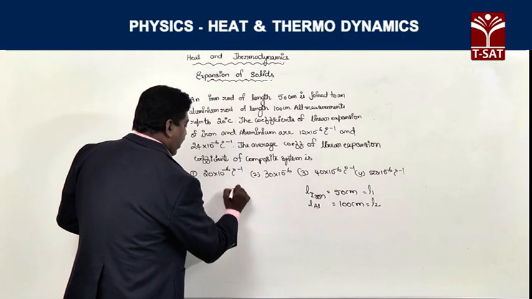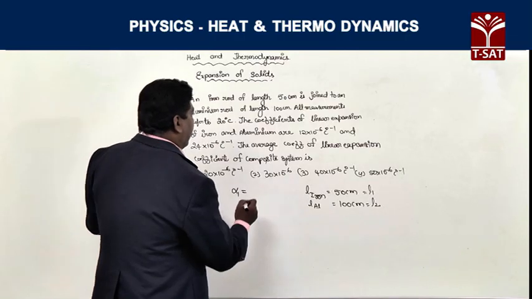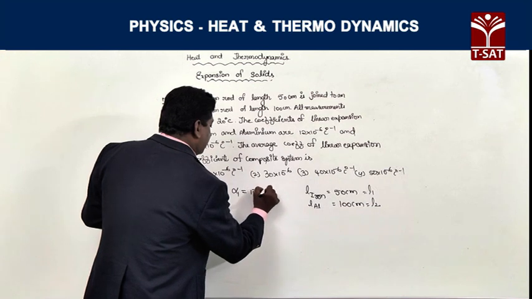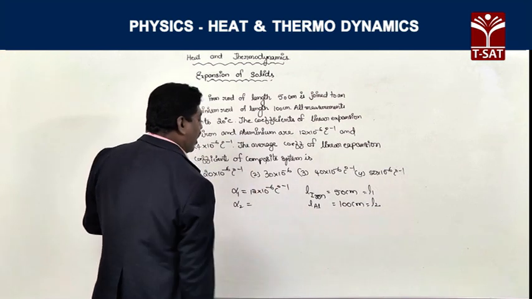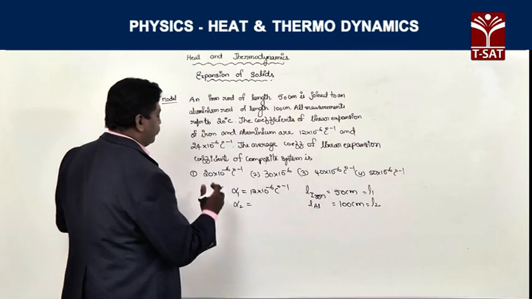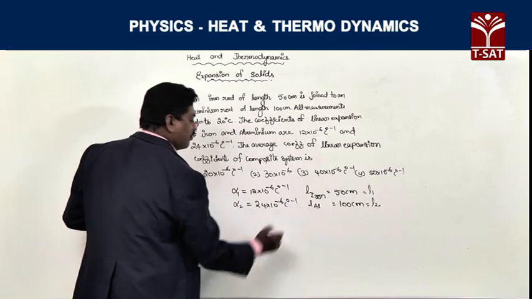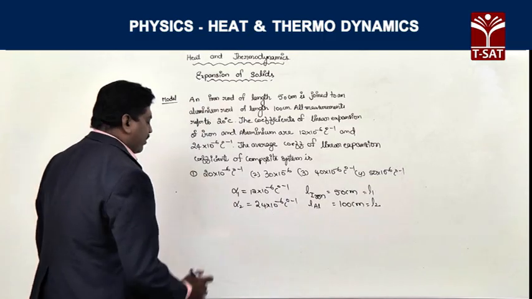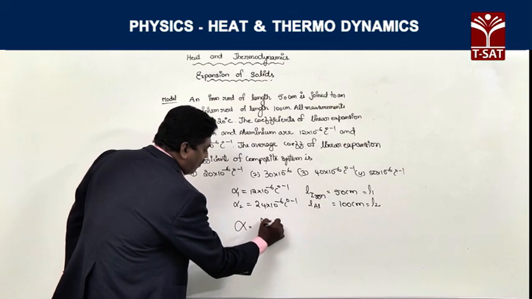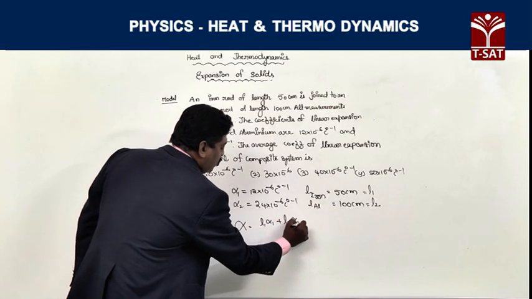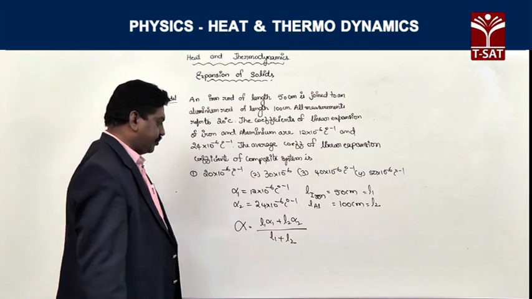Alpha 1 for iron is given as 12 into 10 to the power of minus 6 per degree Celsius, and alpha 2 for aluminium is given as 24 into 10 to the power of minus 6 per degree Celsius. According to the previous formula, alpha equals (L1 alpha 1 plus L2 alpha 2) by (L1 plus L2).